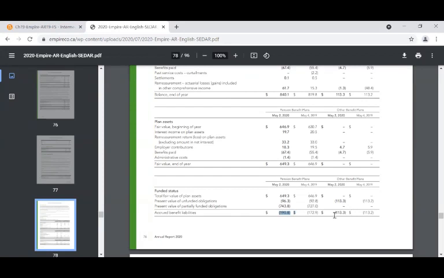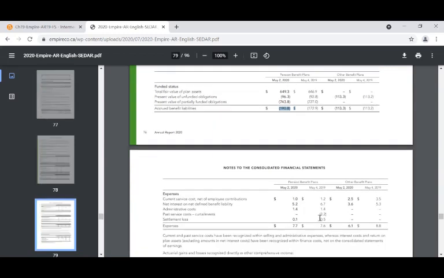Okay, in 2020, there's a 190.8 million deficit for pension plans, and there's 113.3 net liability for other benefits. So that's the amount on the balance sheet.